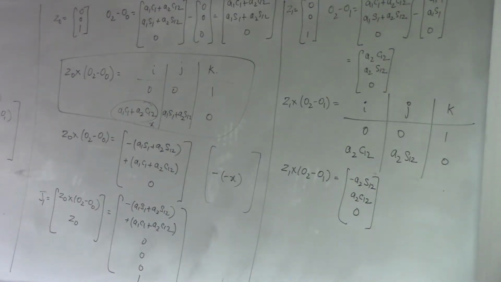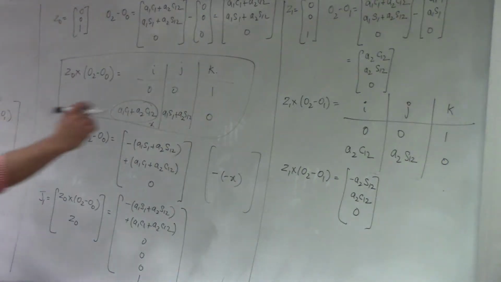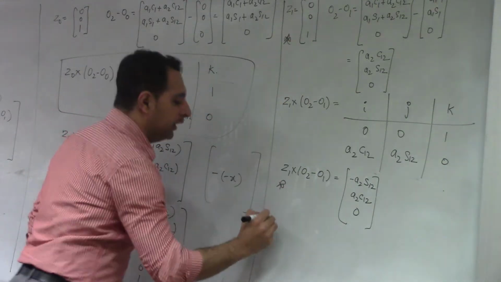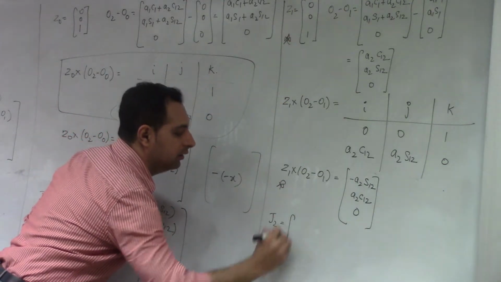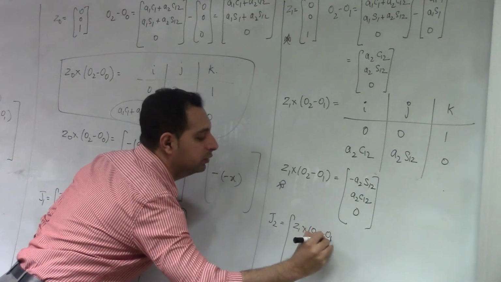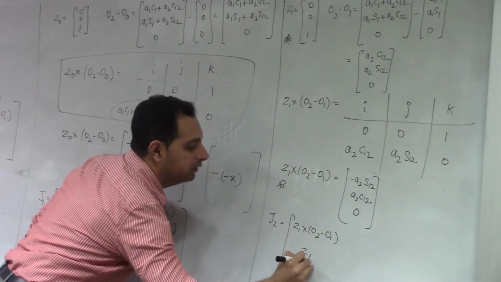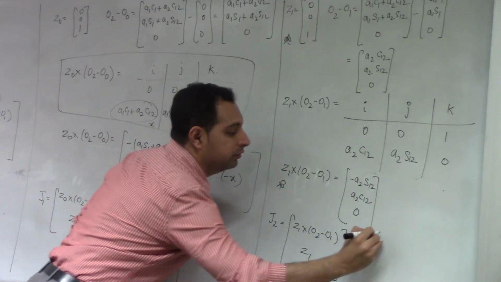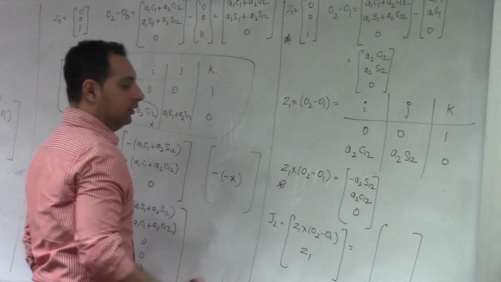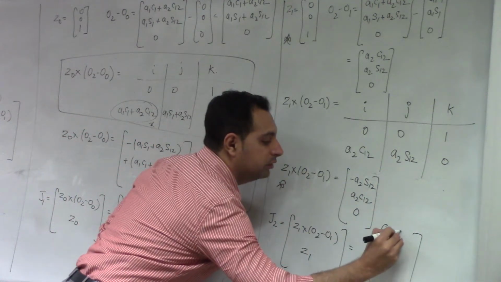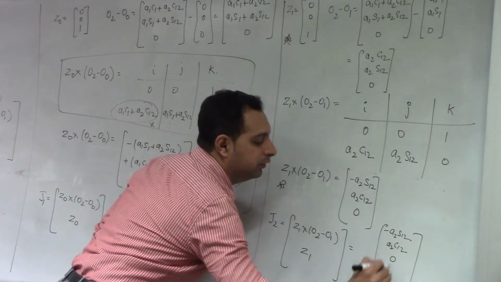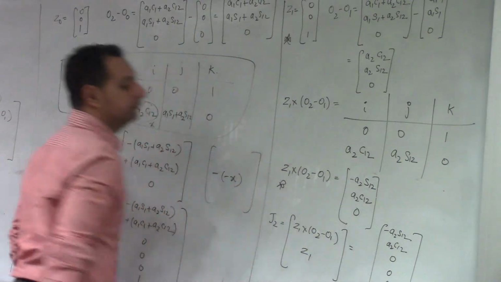Okay. And we know Z1 from here. We know this. And we know this. So we can write J2 as Z1 cross O2 minus O1 and Z1. So this will be a total matrix which is like this, minus A2 sin 1, 2, A2 cos 1, 2, 0, 0, 0, 1.